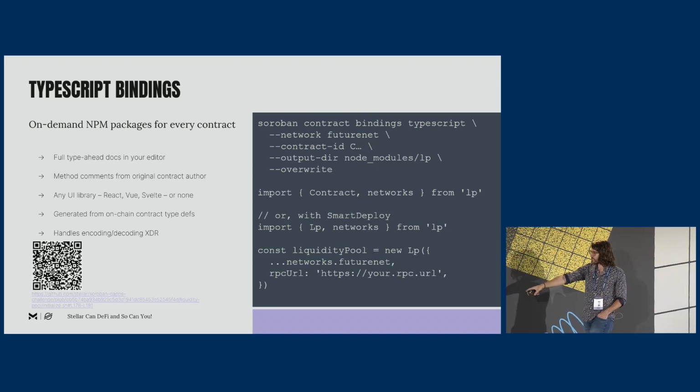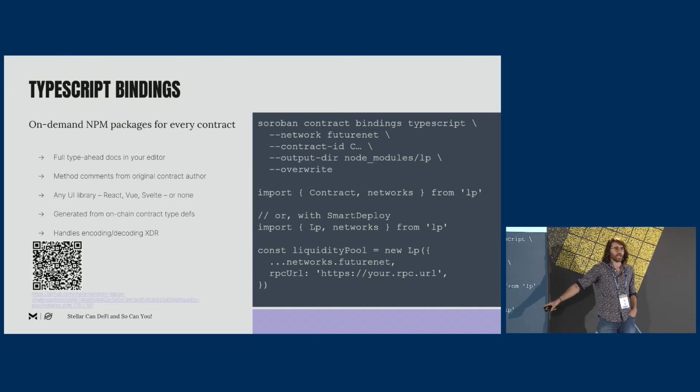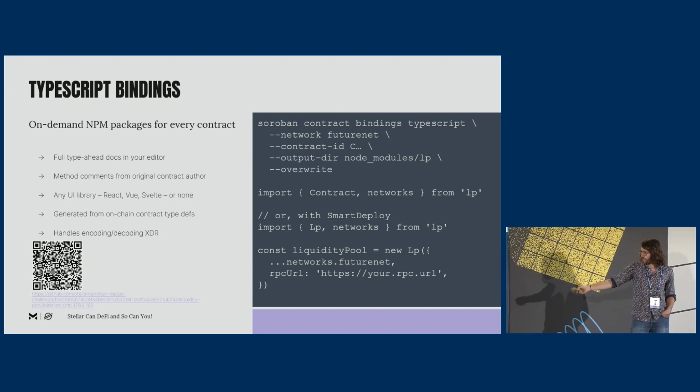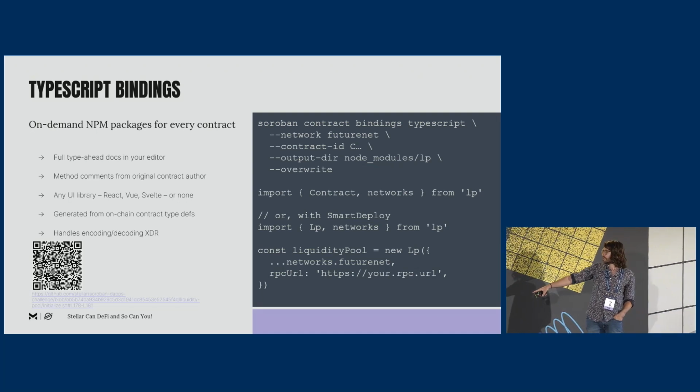So let's say we use it with Smart Deploy. We do const liquidity pool equals, and we instantiate our library. We say new LP, and we pass it networks.futurenet. Why do we do that?